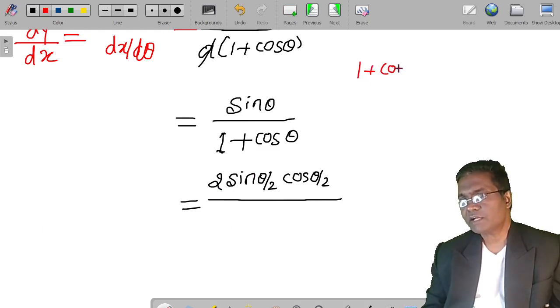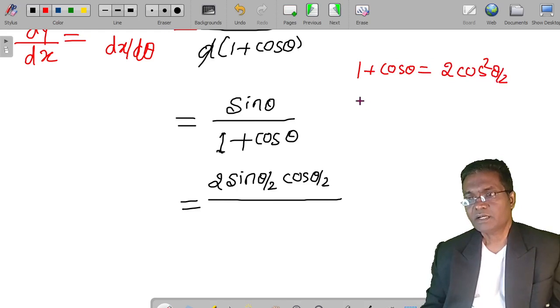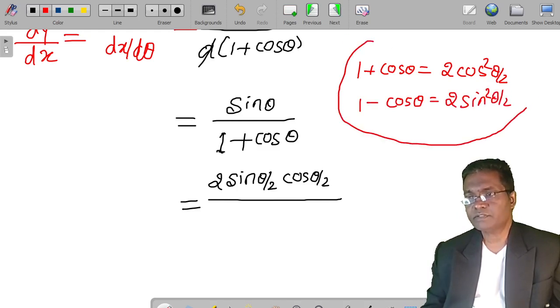So whenever you get 1 plus cos theta, remember this, write down. It is 2 cos square theta by 2. And if you get 1 minus cos theta, it is 2 sin square theta by 2. Better you make note of this as very important.